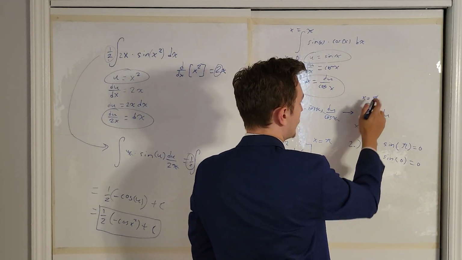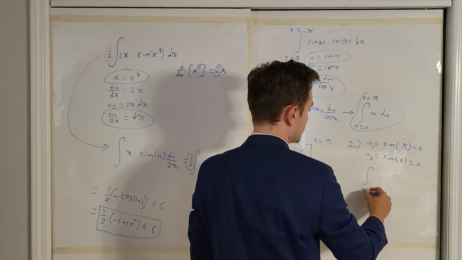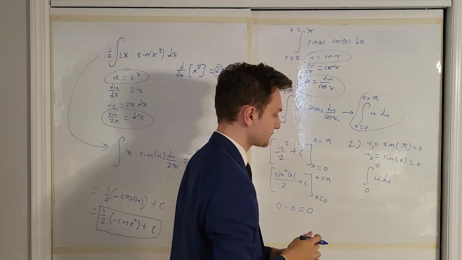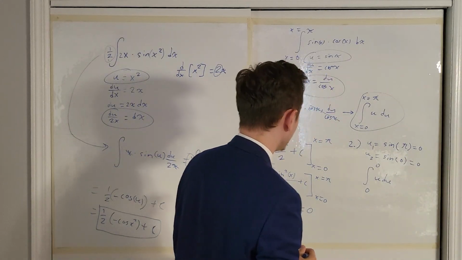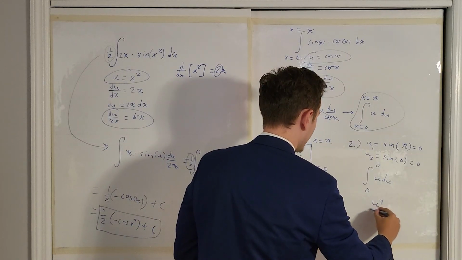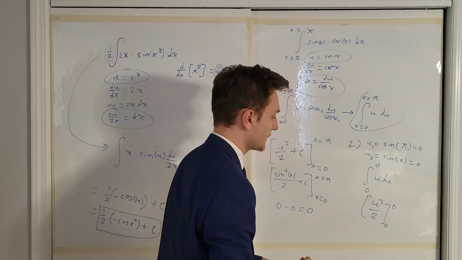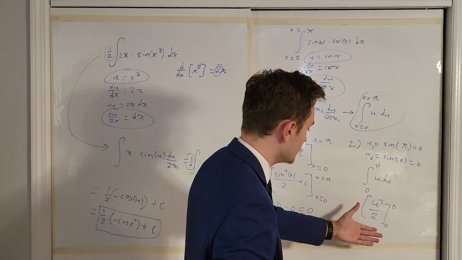Okay? So now what we can do is rewrite this integral as the integral from 0 to 0 of u du. And you would continue here and evaluate u squared over 2 from 0 to 0, okay? In this example, both your bounds are the same, so you don't need to do any algebra.